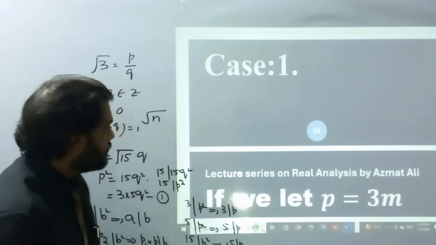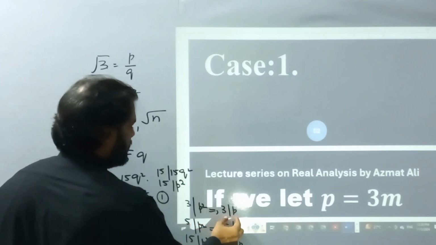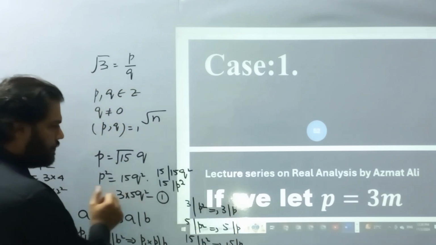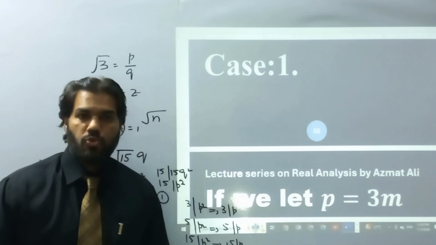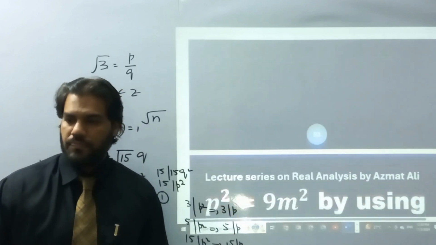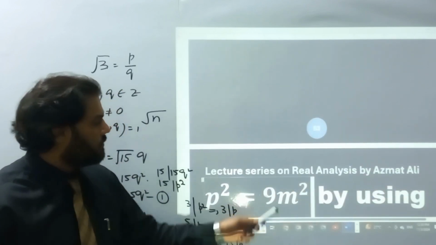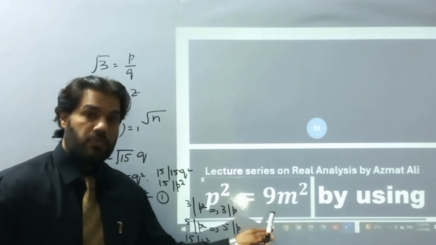Case number 1, if p is a multiple of 3, then you can suppose p is equal to 3m. So substituting this value of p, firstly p square will equal 9m square.